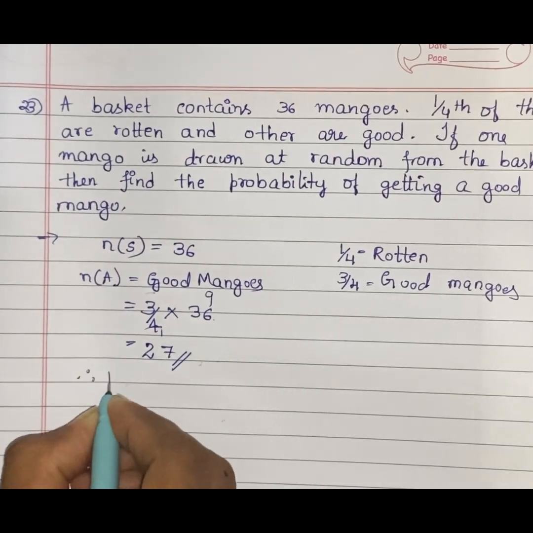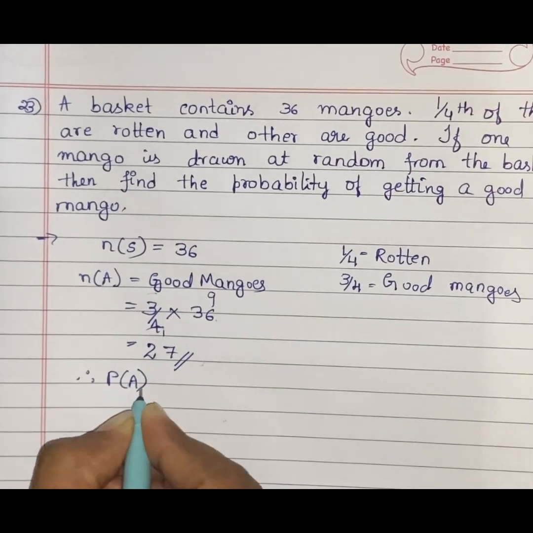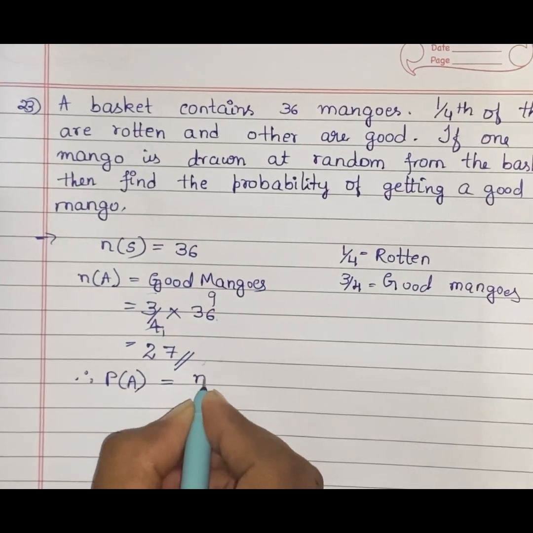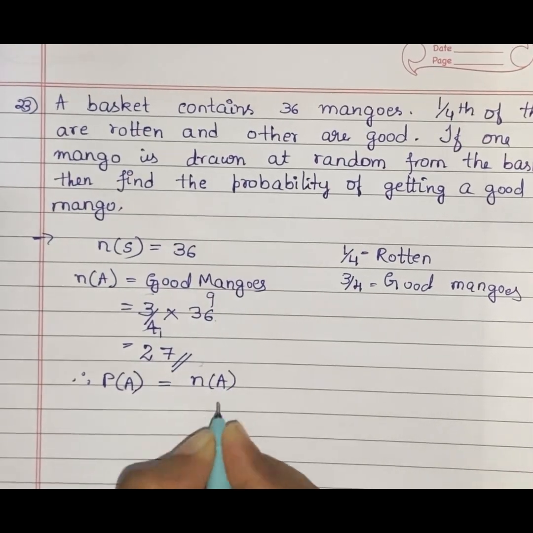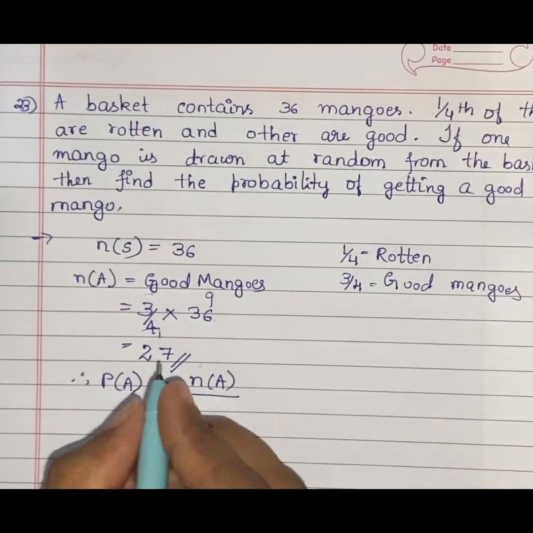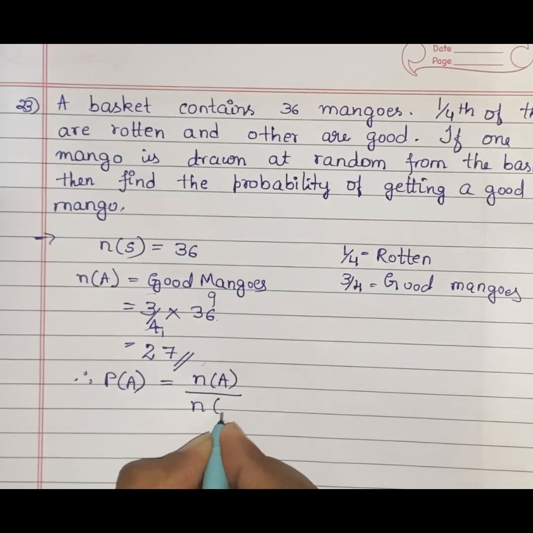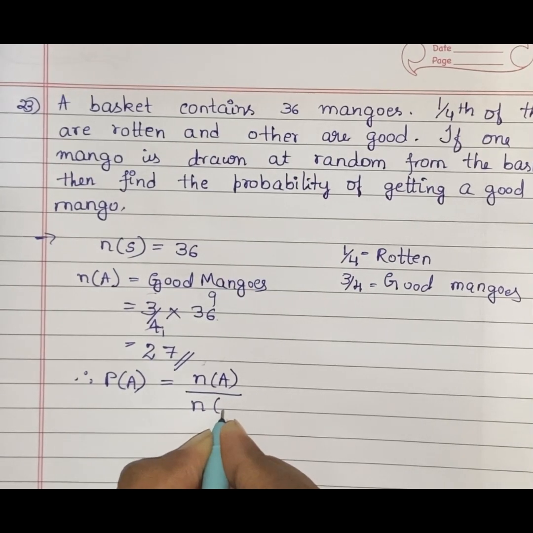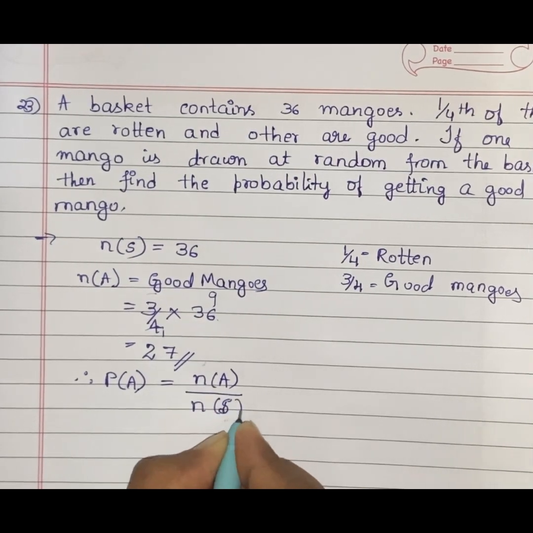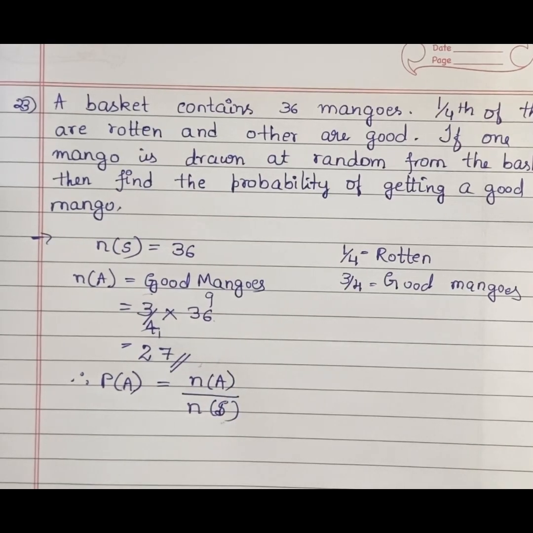Now to find the probability of good mangoes, we need to write how many good mangoes we have divided by total number of mangoes. Okay, total number of mangoes. So this gives the probability of getting a good mango.